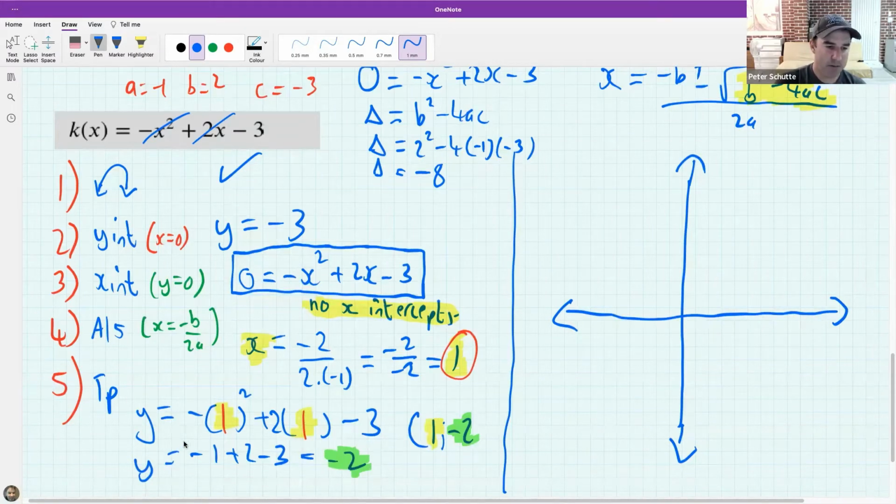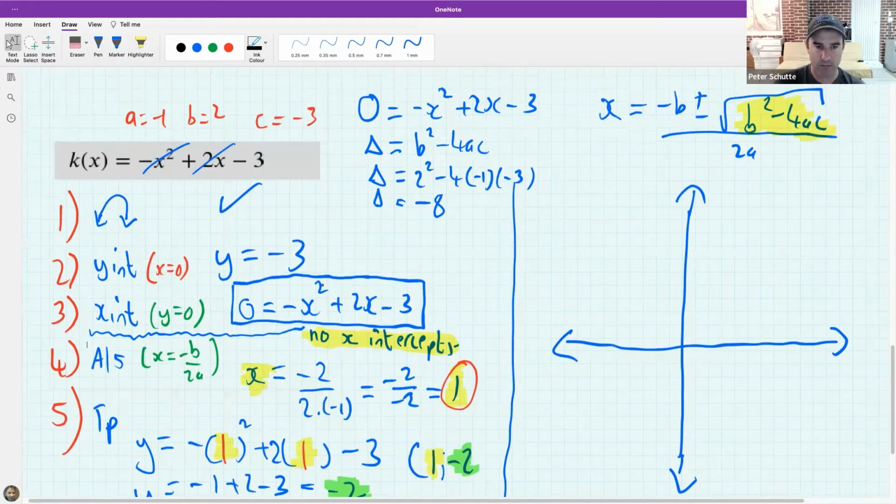In our 5-step process, I am focusing on step 3, where basically I'm saying 0 equals minus x squared plus 2x minus 3. I've taken that equation and simply moved it to the top here.